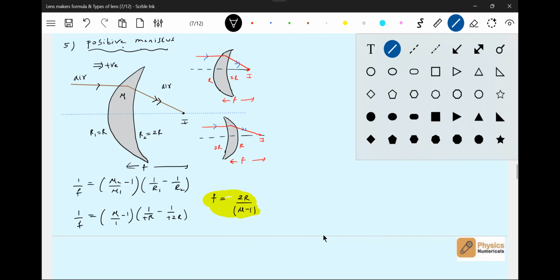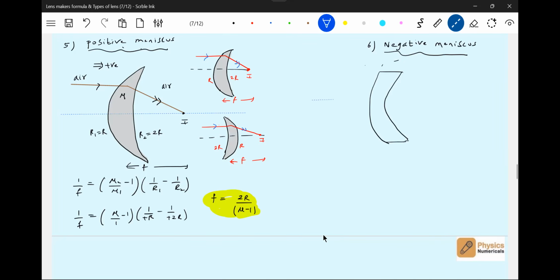Okay, so this is a rough diagram, may not be perfect. The radius of curvature of this is 2r. This is r.